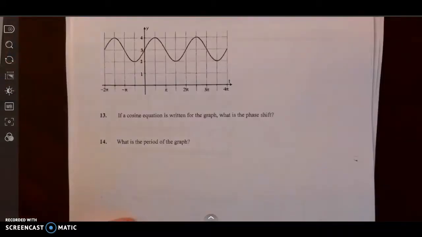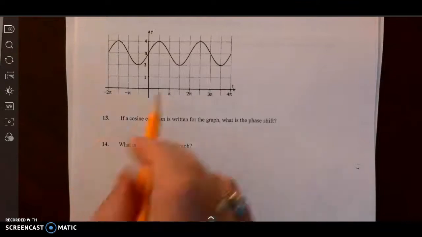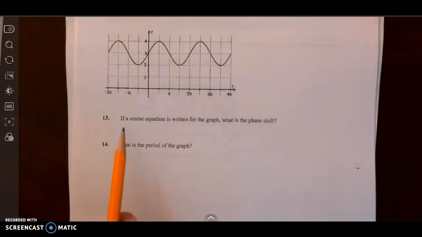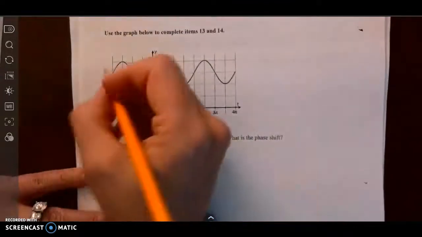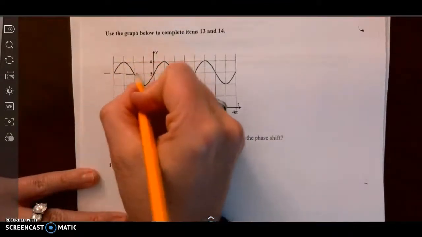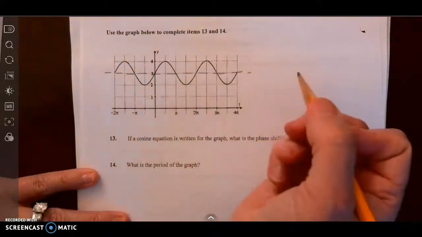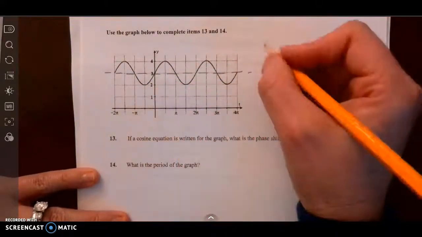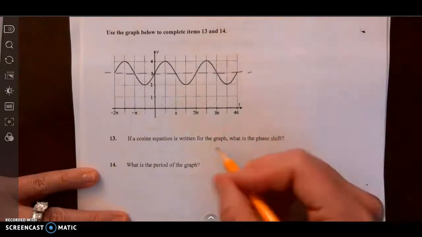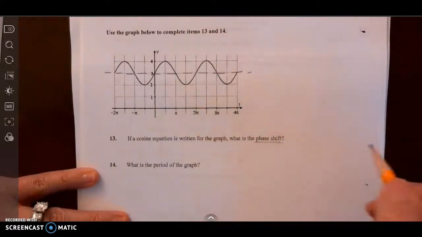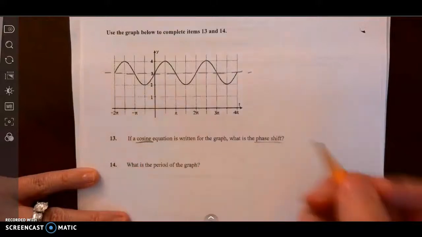Number 13, we're using this graph to answer these questions. If a cosine equation is written for the graph, what is the phase shift? Let's first draw on that axis. I don't have to write the equation. All I need is the phase shift for cosine.